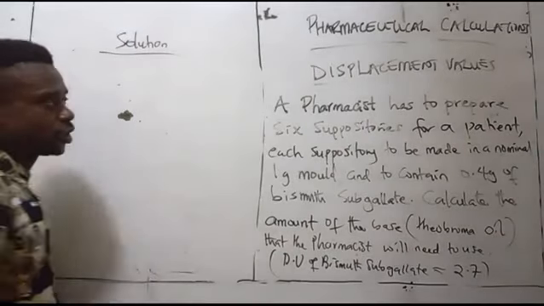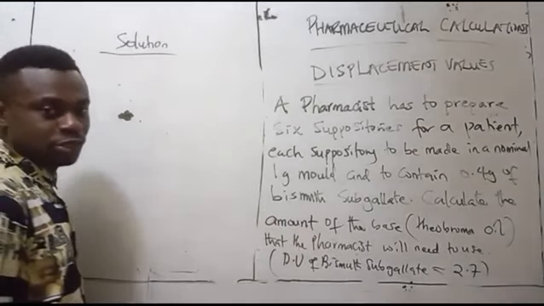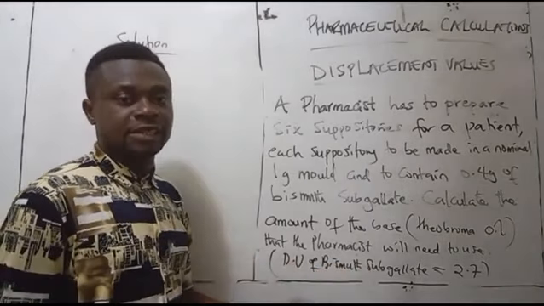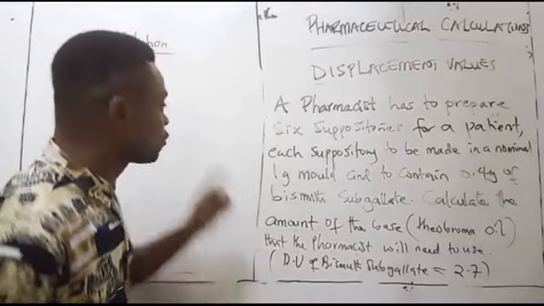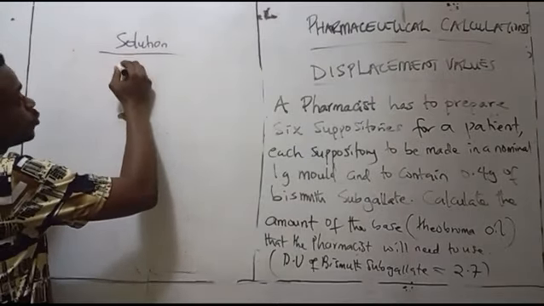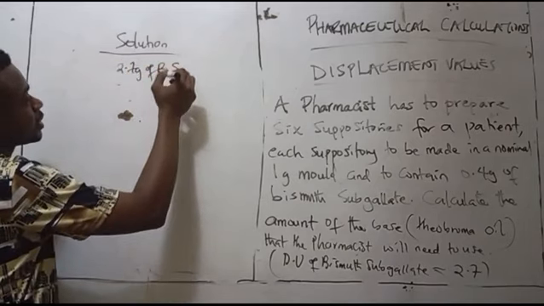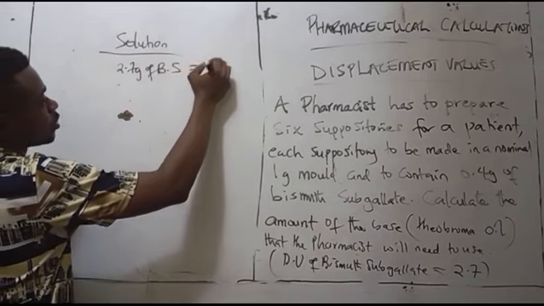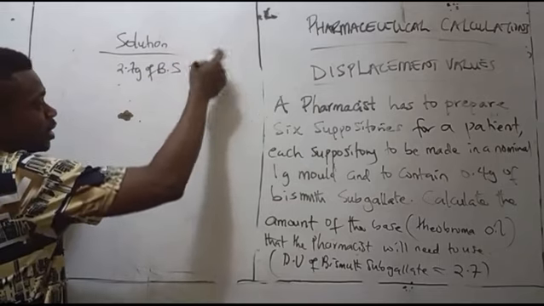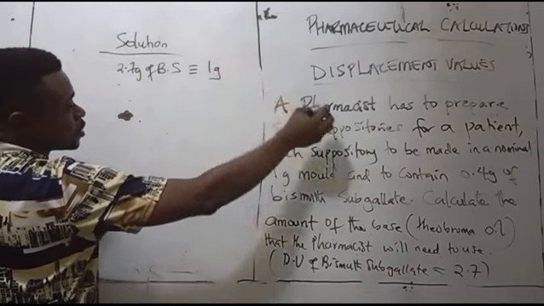First of all, the dV of bismuth subgallate is 2.7. What it implies is that, I will use BS for bismuth subgallate because of space, 2.7 gram of bismuth subgallate displaces 1 gram of theobromine oil.